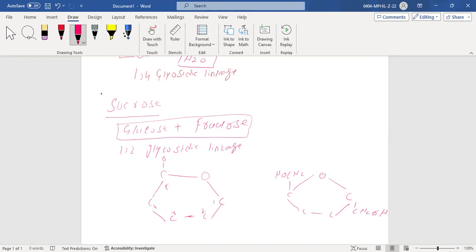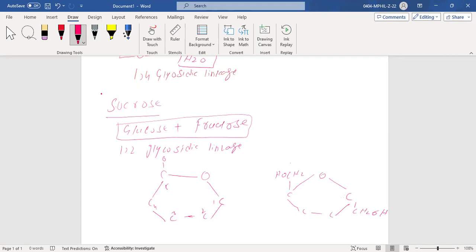From where should we start? We can start from here. It is 1,2 glycosidic linkage. Fructose has how many carbons?